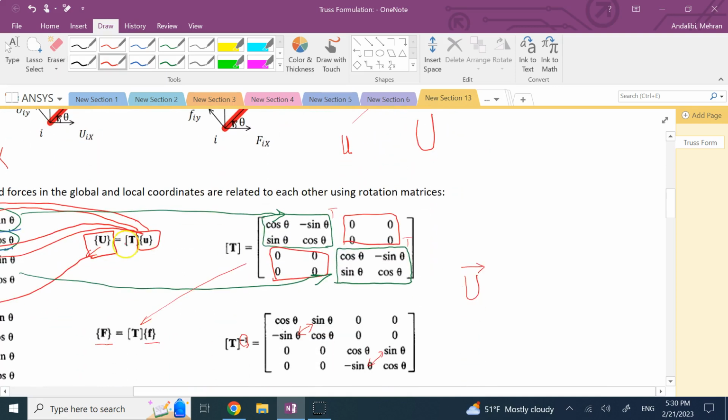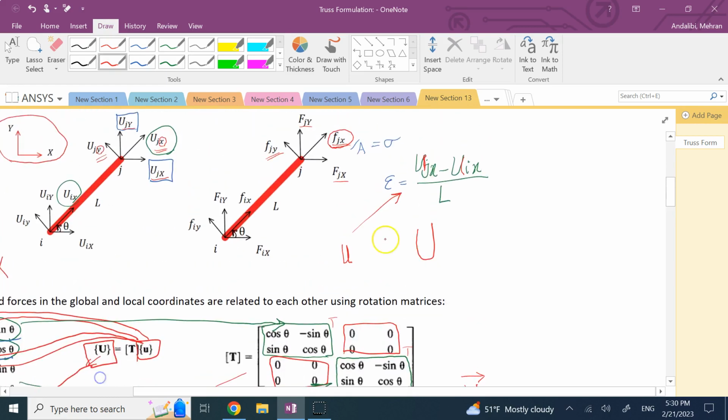And since big U is T times small u, then small u is T inverse times capital U. So if I want the local nodal displacement, I invert T and multiply by the global nodal displacements. And then I use them to find the strains and the stresses. So we need T inverse at some point, and you're going to see that in a minute.